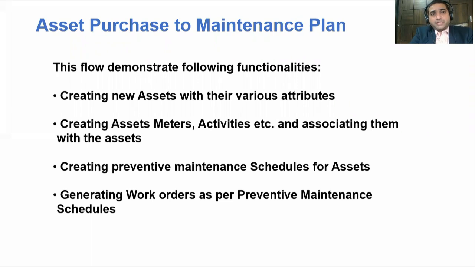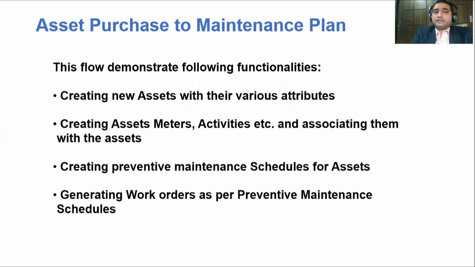The asset purchase to maintenance plan flow particularly includes functionalities like creating the new assets with various attributes. The assets may have their serial numbers, asset numbers, and particular attributes like their color, their specifications, technical details. So all these attributes need to be created in the system.